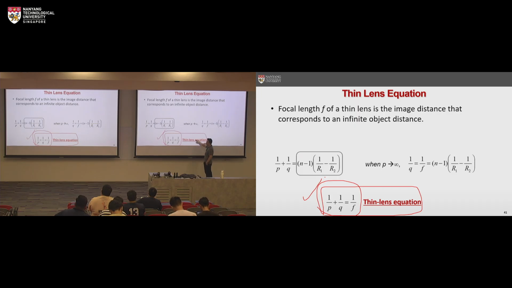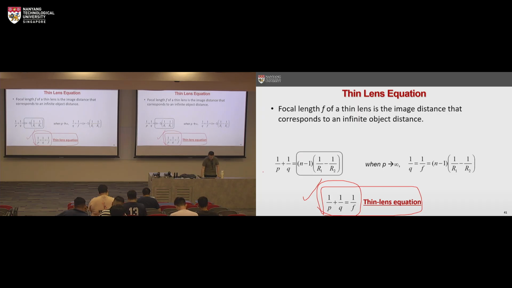Basically, it's the same. So in the end, in this course, you only have to memorize one equation, which is this one. This equation is called the thin lens equation, which means you can apply it to all thin lenses. As long as the question says that the lens is symmetric, it is a thin lens, telling you the refractive index of the lens is not important and the thickness of the lens you can ignore.